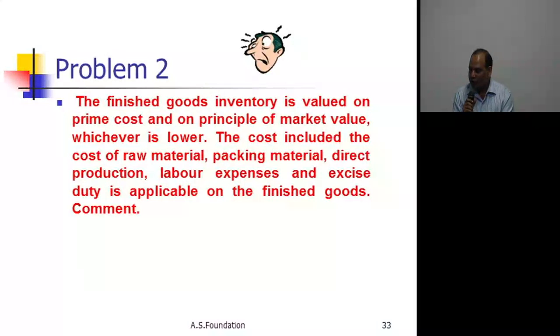But this company is valuing inventory on the basis of prime cost. Production overheads have not been considered in calculating the cost of inventory. And therefore, the accounting policy followed by the company is not correct. Is it right?